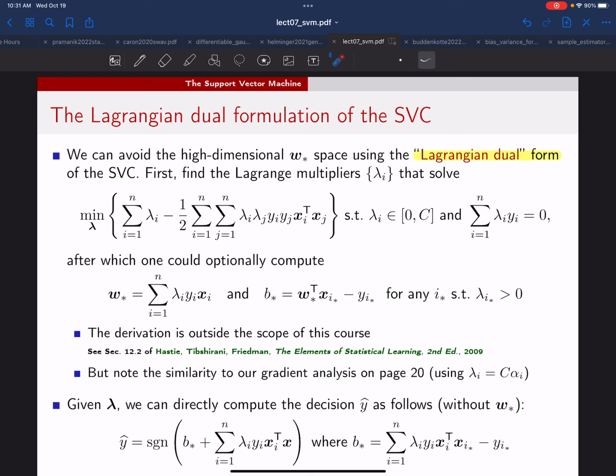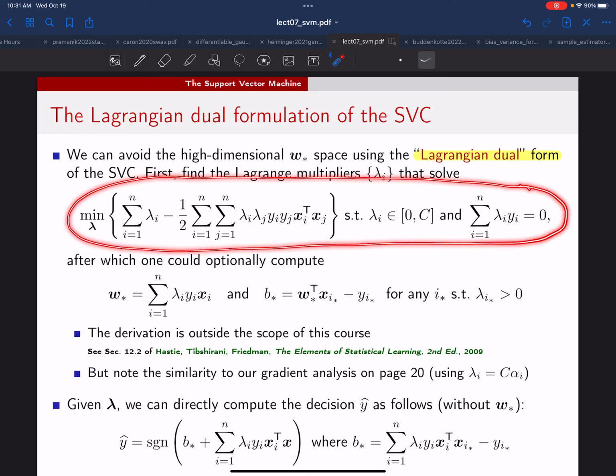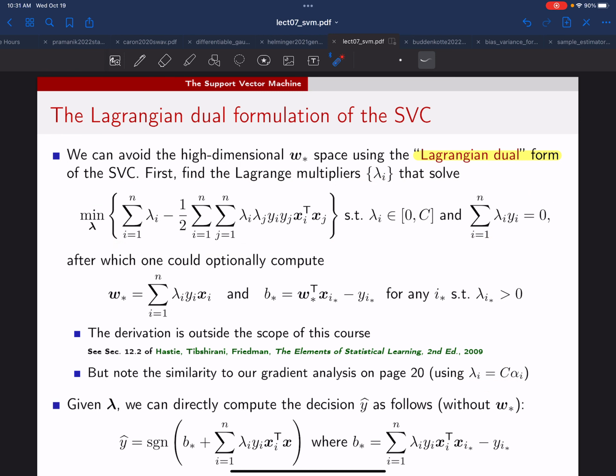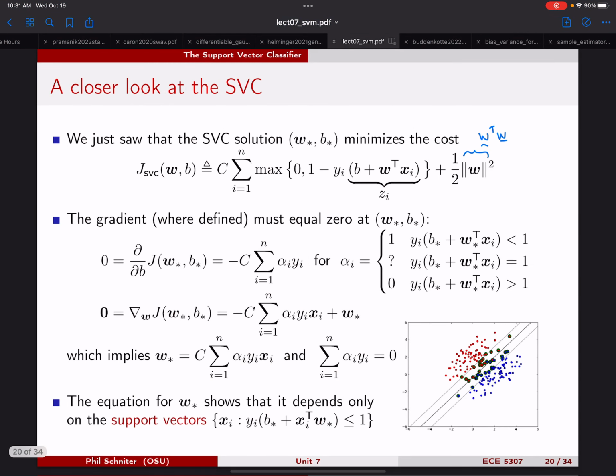But the other thing is that this is actually quite similar to what we saw a few pages back. Instead of writing this in terms of these lambda i's, if you replace each lambda i with C times alpha i, then when we go back to page 20, you get essentially the same equations.